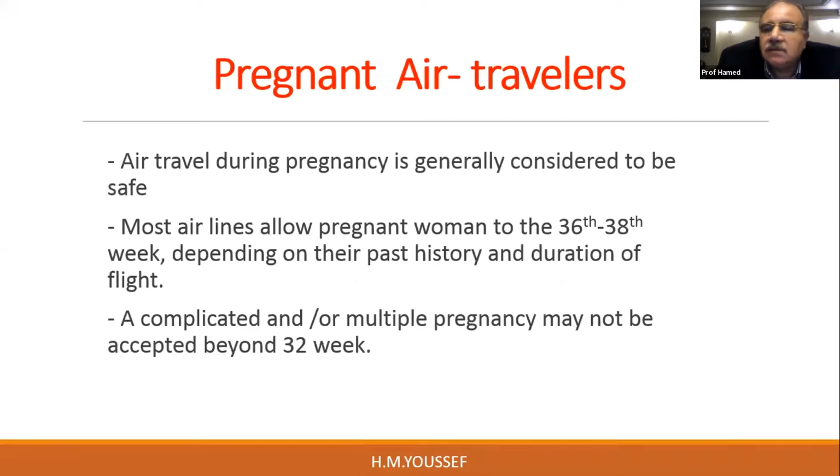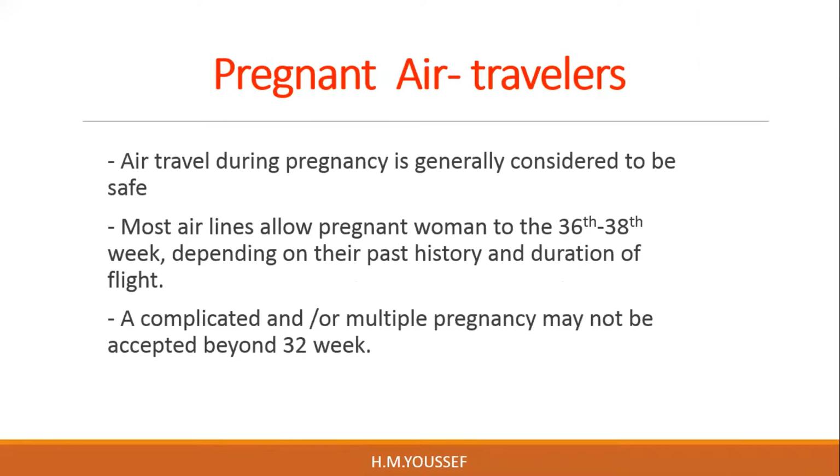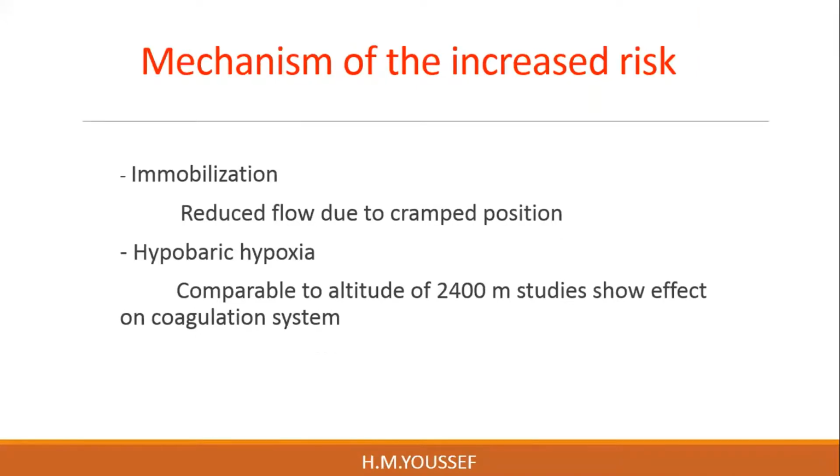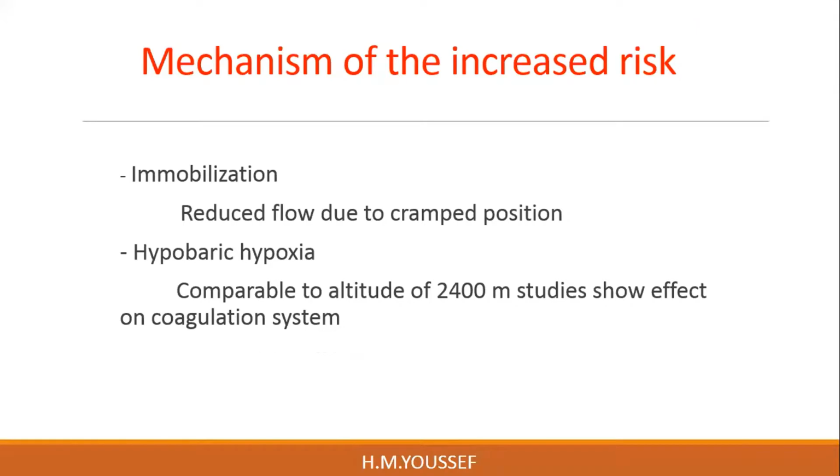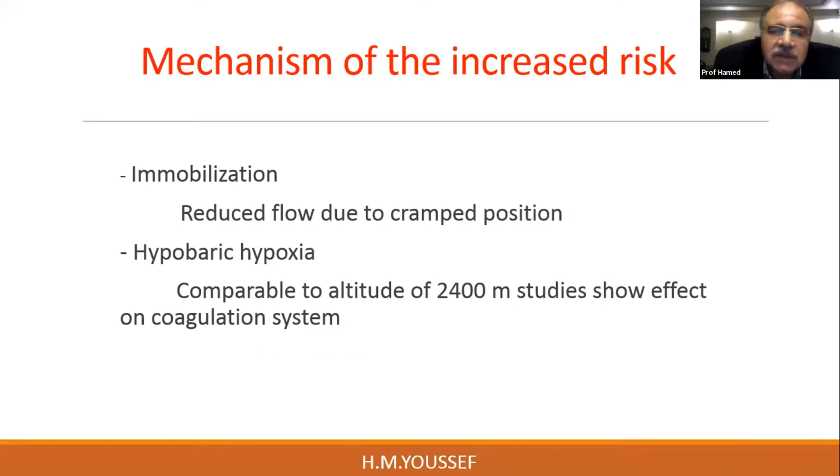Dr. Shaimaa, what is the risk of increasing DVT during travel? Immobilization, yes. Immobilization reduces the flow due to cramped position. Number 2, hypobaric hypoxia, comparable to an altitude of 2,040 meters; studies show that there is an effect on coagulation.